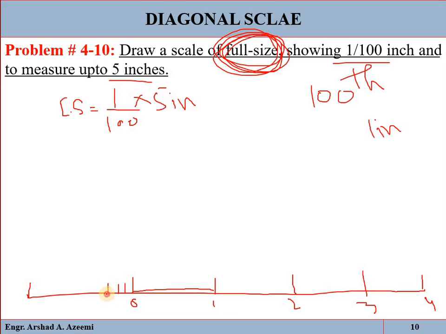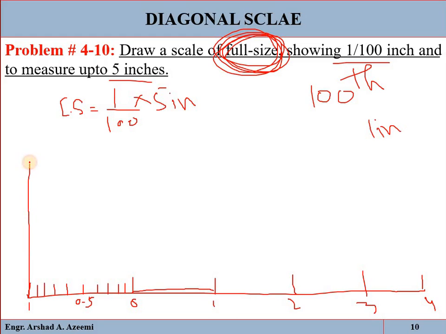Each part represents 0.1 inch, because this is 1 inch distance divided into 10 parts. So this will be 0.1, 0.2, 0.3, 0.4, 0.5, 0.6, 0.7, 0.8, 0.9 and 1 inch.